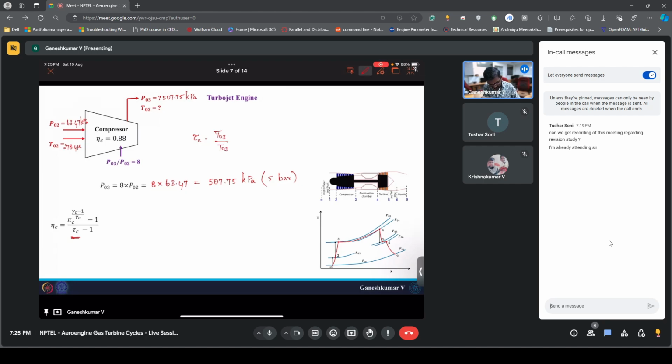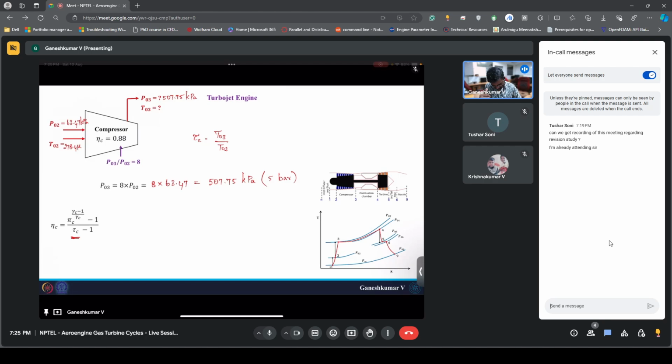We are interested in getting T03. Now if I rearrange this, it will be something like 1 plus pi c power gamma c minus 1, and so on. Here I put c because the air which is entering is cold air, and we should take air's specific heat ratio, that's why we have gamma c.